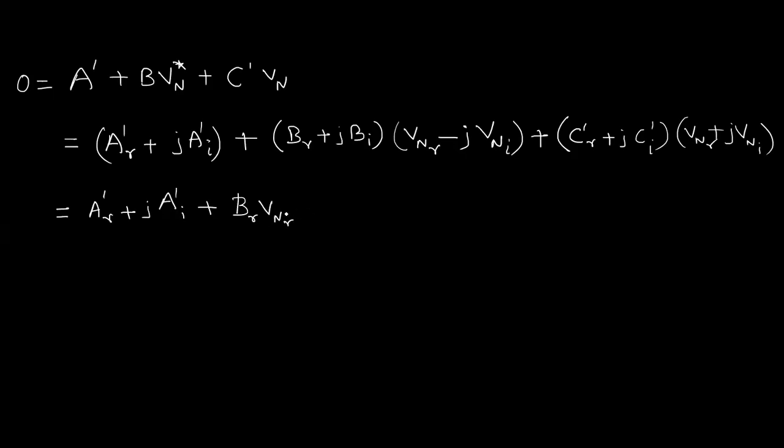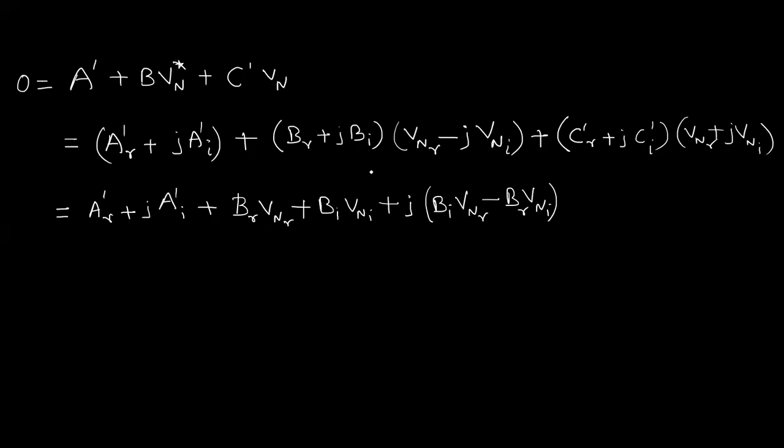so this becomes BR VnR plus BI VnI plus j (BI VnR minus BR VnI).